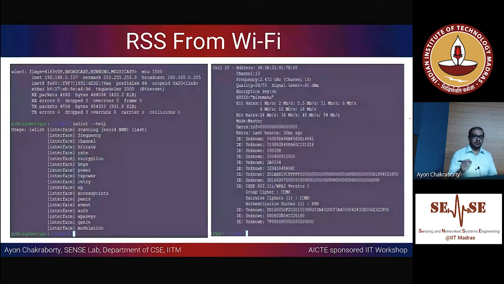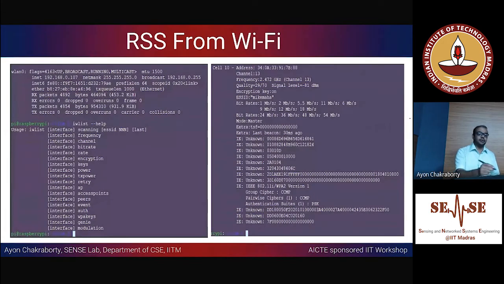So this is RSS from Wi-Fi, and I have shown you a Linux command in a Raspberry Pi. You can install, let's say, Ubuntu or some operating system on a Raspberry Pi, and then use commands like iw list that can give you the access points available around. It can sniff.